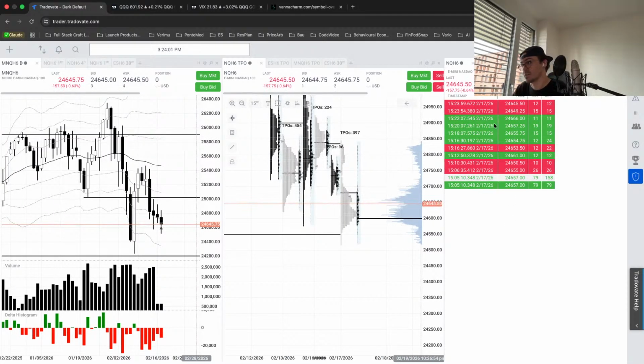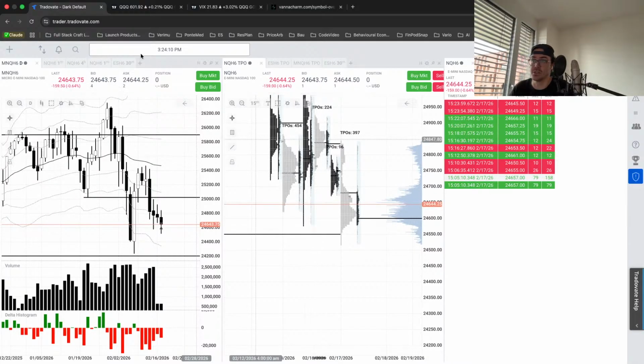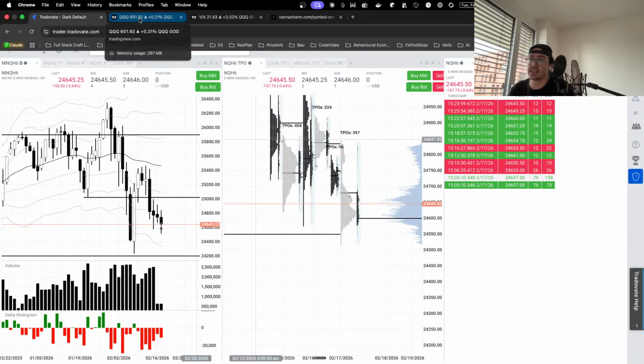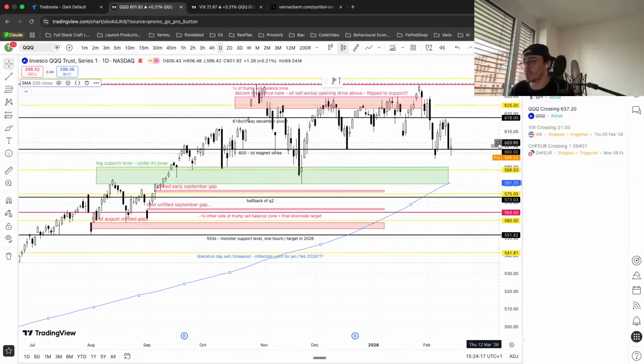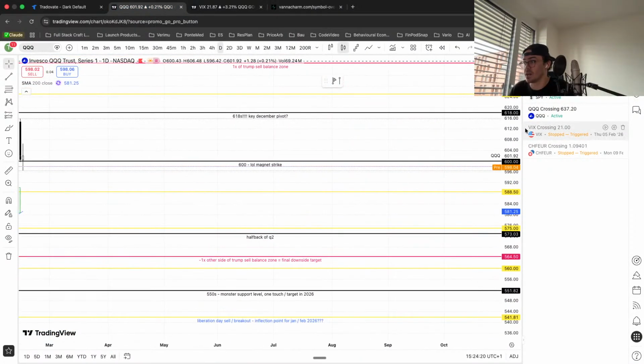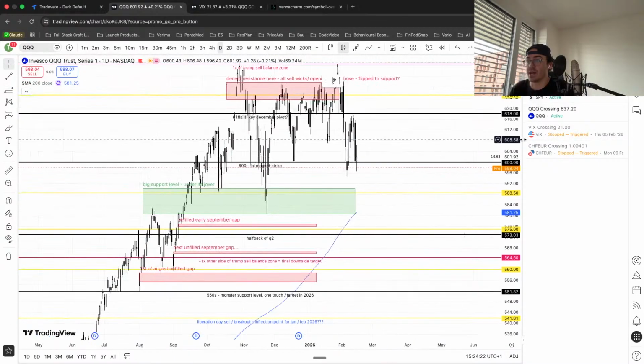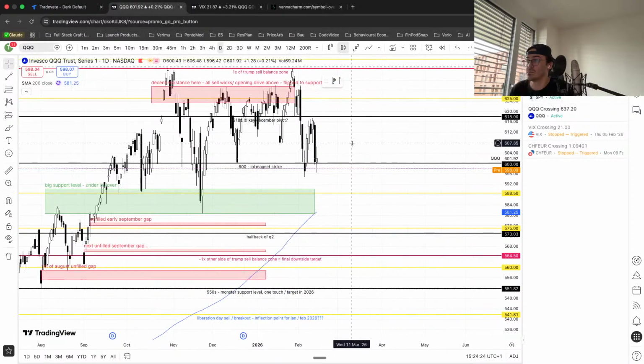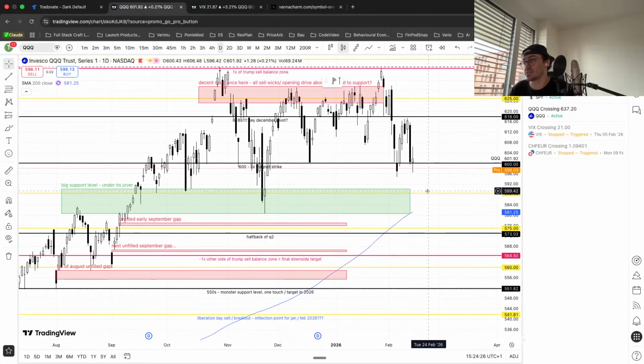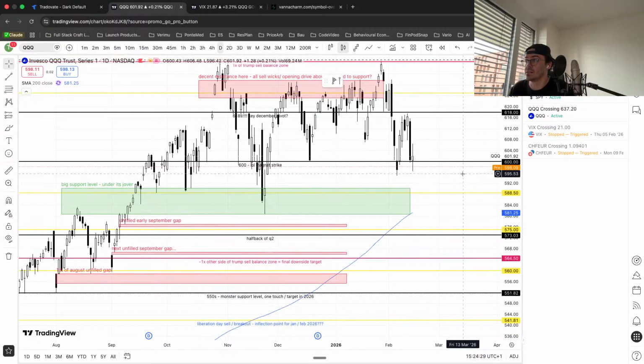And then of course I have the tape here, filtered for 10 contracts or more. Otherwise it's too crazy for me. I typically also have QQQ open, so I just know what the underlying spot is, and how the US market sees the intraday price action.